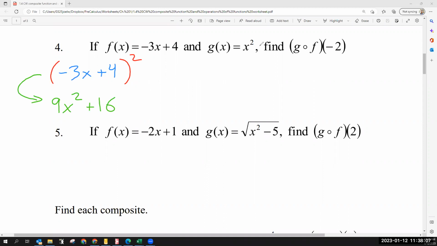So let's square. -3 squared is 9. x squared. 4 squared is 16. So is that good?